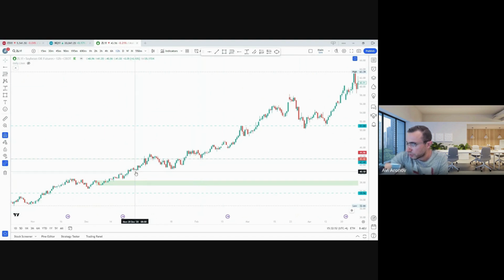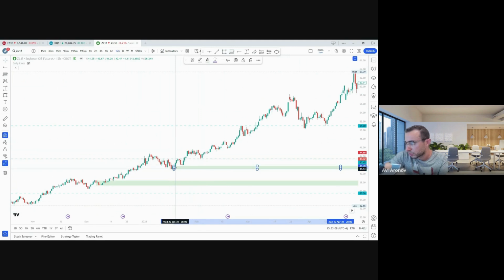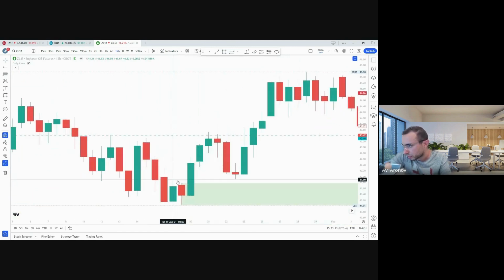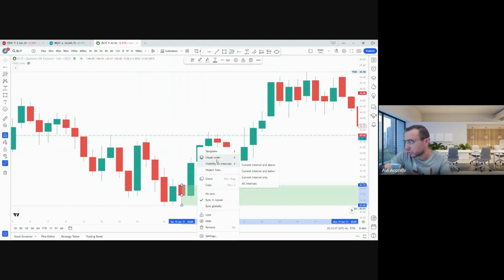So you see here, it touched the 12 hours, touched here again 12 hours and went up. And we have here a nice formation. So potentially we want to have this also.